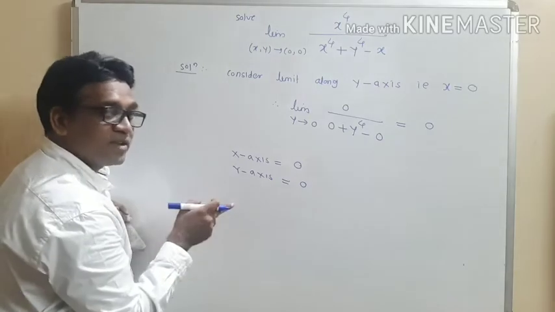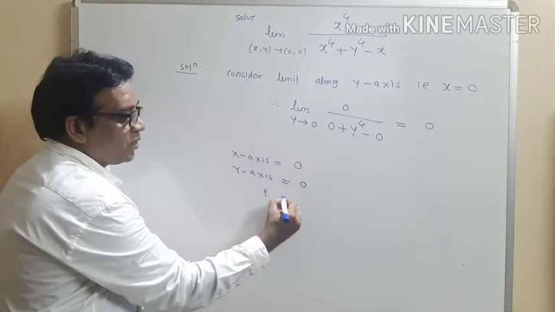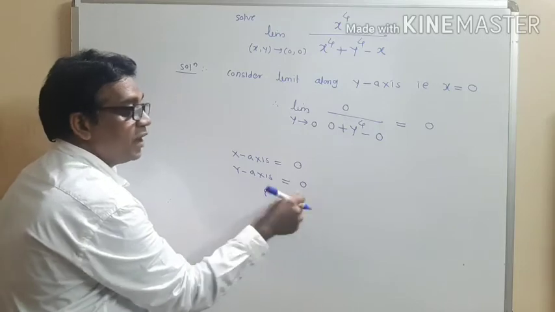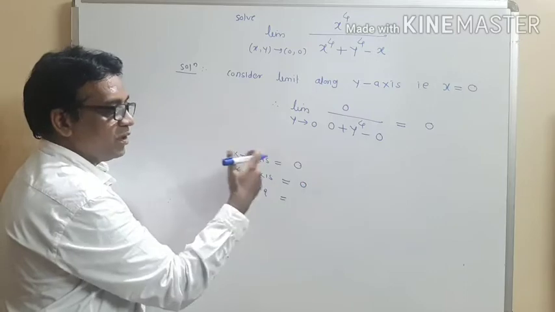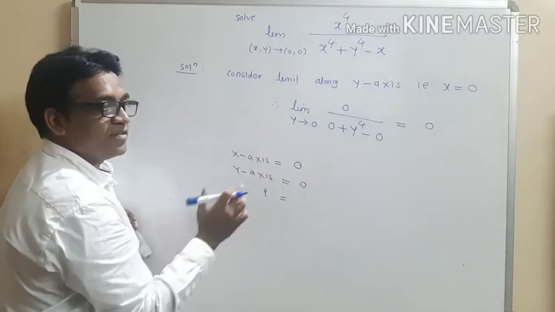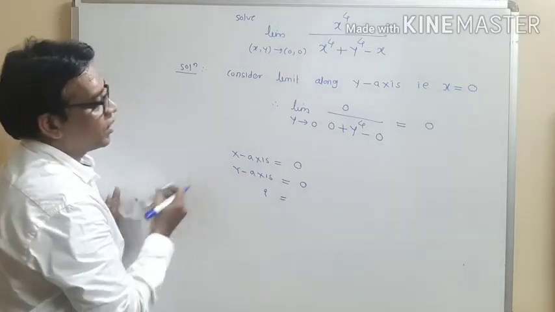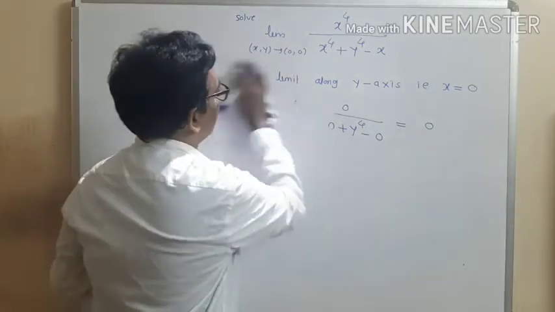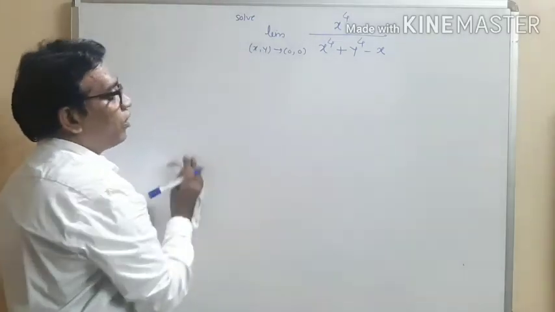Now what is the third step? Find some different path and get some different limit other than 0. Previously we got 0 along the x-axis and 0 along the y-axis. That means we require some different limit here. Now see how to get the third path.